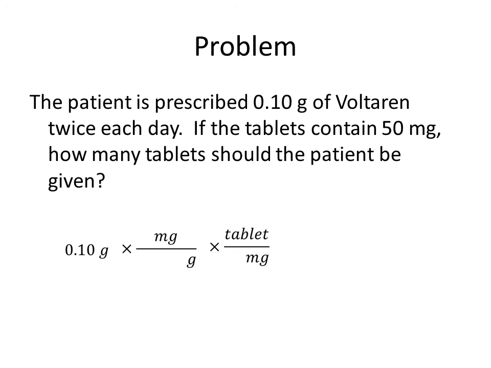To go from milligram to gram, I remember that milli is equal to 10 to the minus 3, so milligram is 10 to the minus 3 gram. To make tablet to milligram fraction equal to 1, I need to add 50 to milligram. I do my math and I come up with 2 tablets.